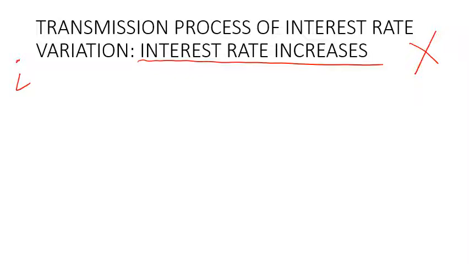Interest rate increases for whatever reason. And before I go any further, let us assume that initially ID was equal to IF. ID being the domestic interest rate, and IF being the foreign interest rate.